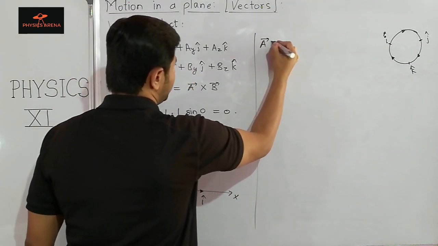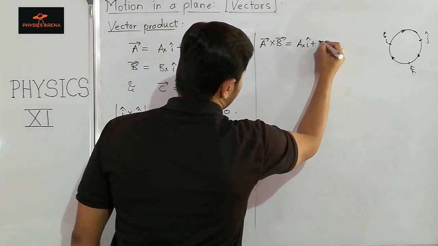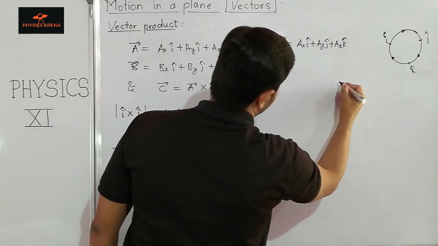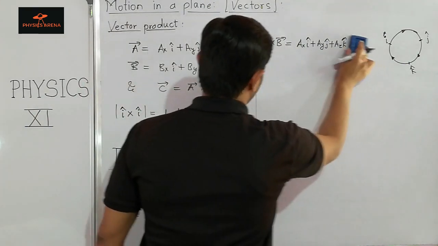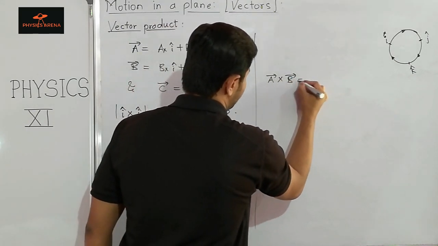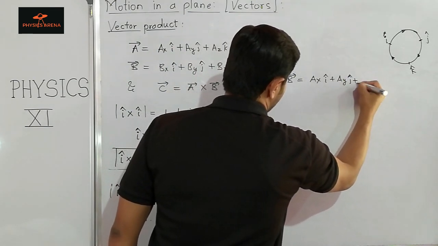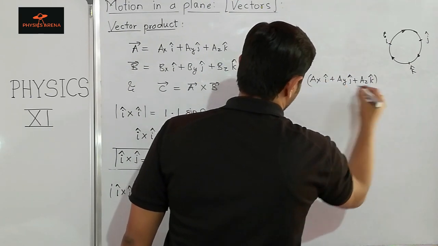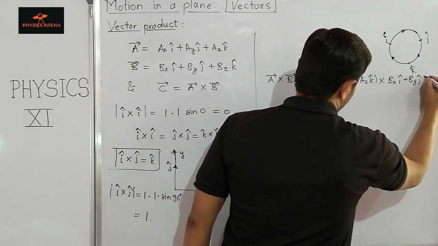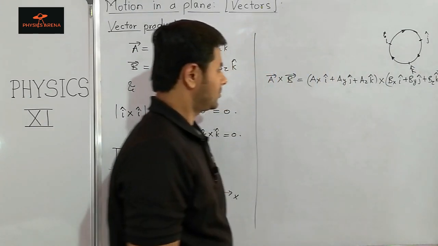So a cross b equals ax into i cap plus ay into j cap plus az times k cap, multiplied by bx times i plus by times j plus bz times k cap.